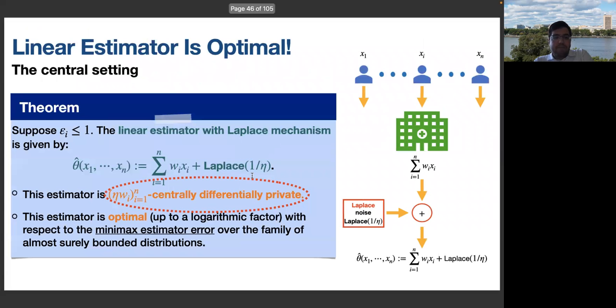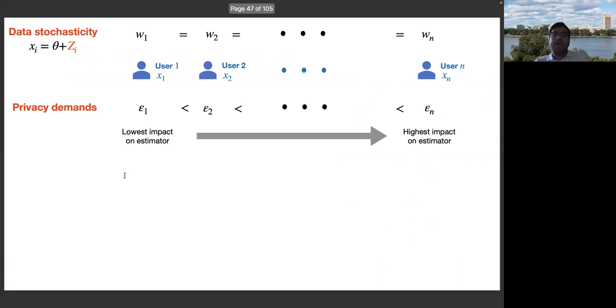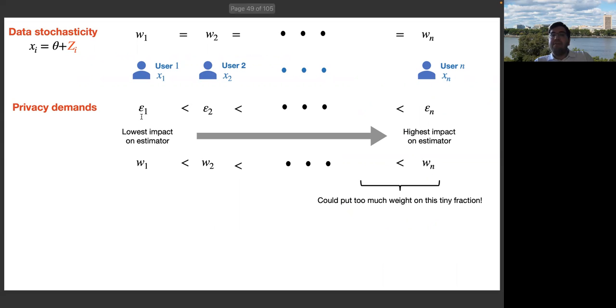So going back to the first part of the result, knowing that a linear estimator with weight w_i is eta w_i centrally differentially private, the first thing that comes to mind is just putting eta w_i equal to epsilon_i. In that case, the w_i will increase proportionally to epsilon_i's. But in fact, it turns out that this can be very suboptimal.